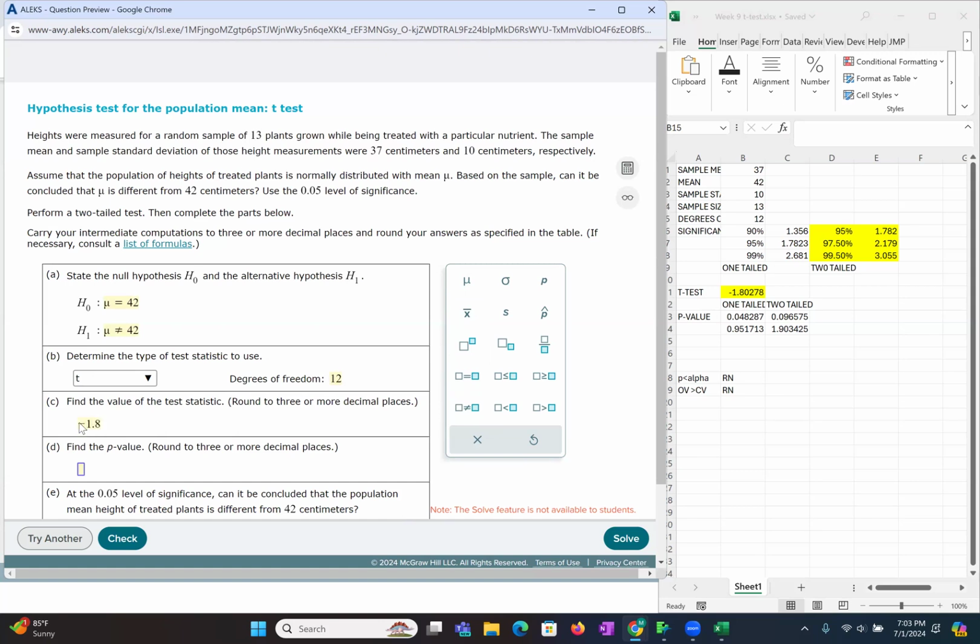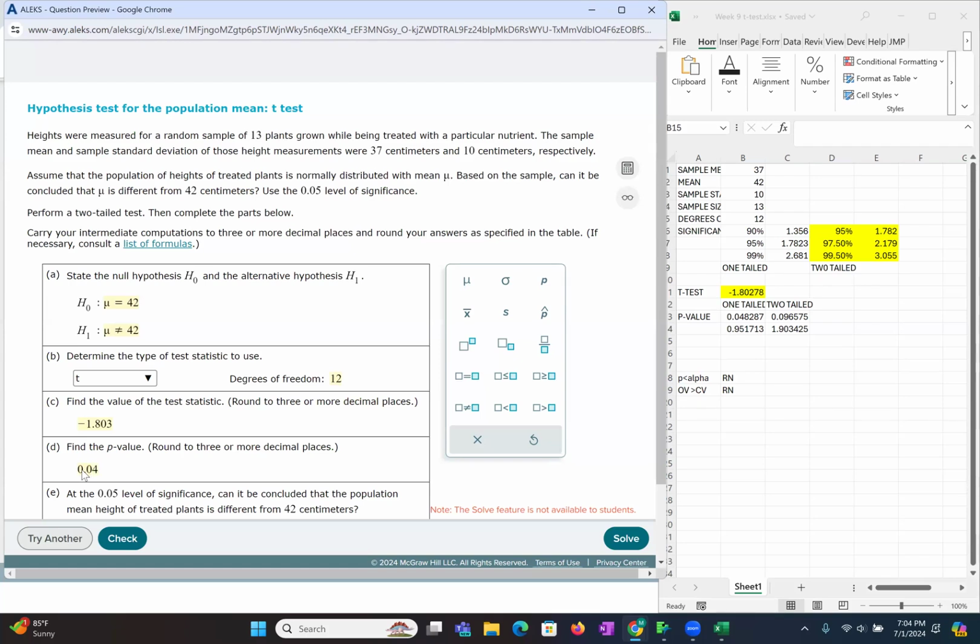Negative 1.803. Okay, the p-value? Let's go with that. 0.0482.